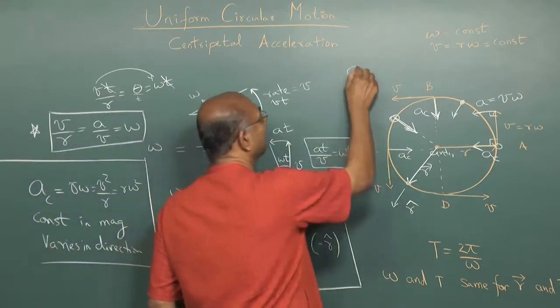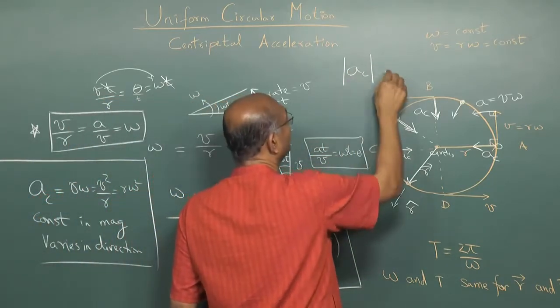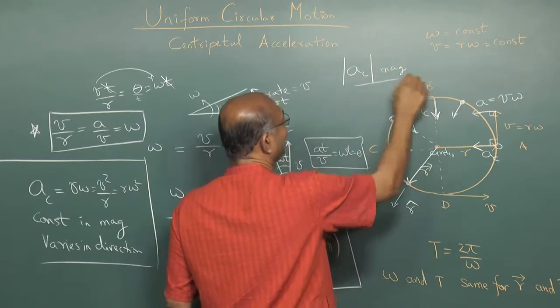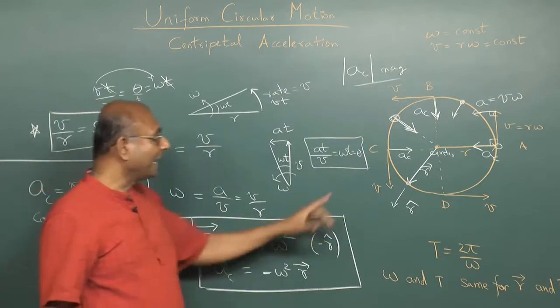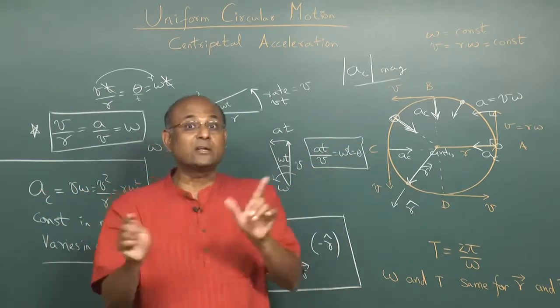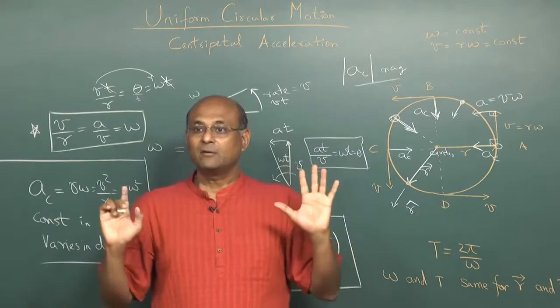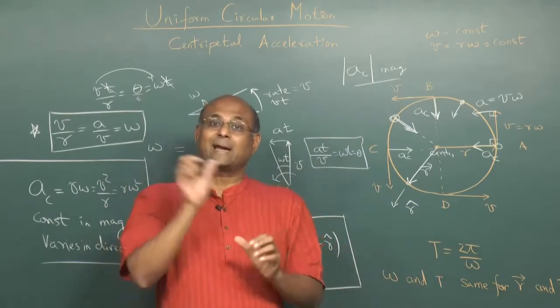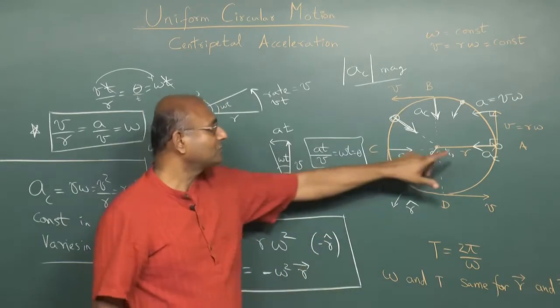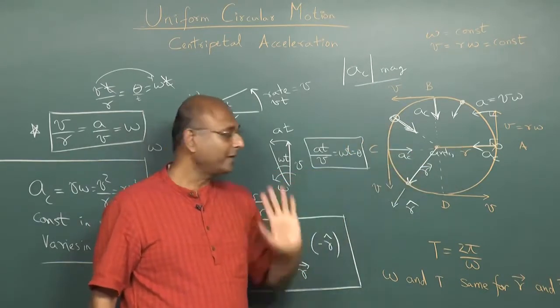What is constant is the acceleration magnitude. Only the magnitude is constant, not the acceleration. I hope that is clear. The acceleration changes in direction. So you cannot use any of the uniform acceleration motion formulas because it's not uniform acceleration. Only thing is that the magnitude is constant and it is always pointing towards the center. Okay, so I hope this is clear.